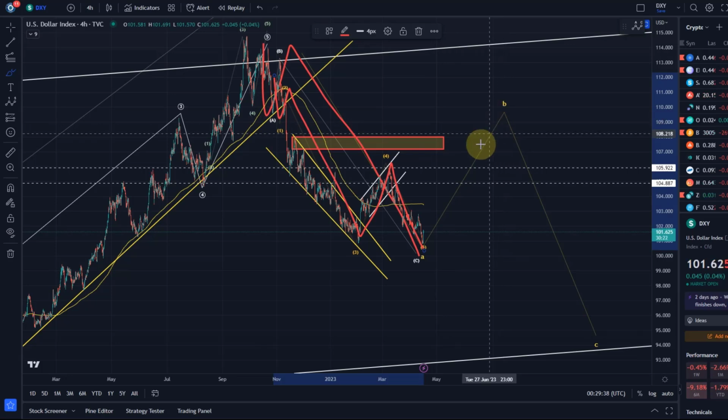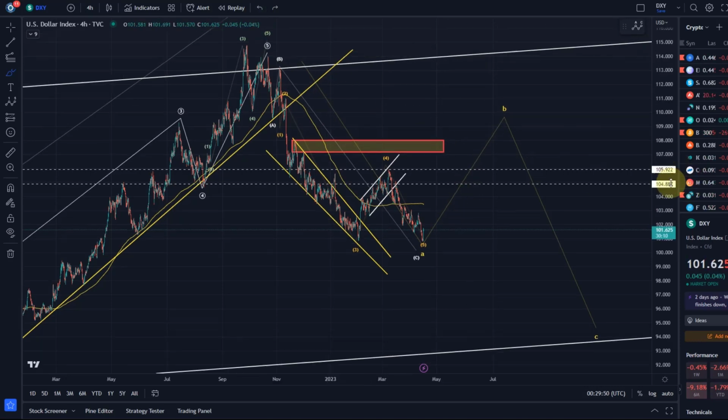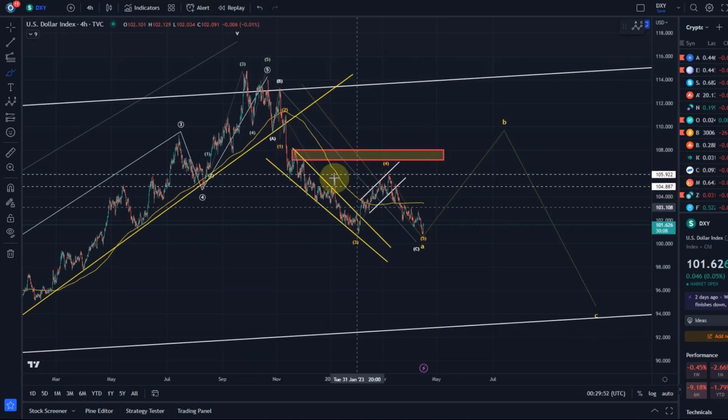This scenario will get much more likely above $105. If we see a reaction now, it could very well be this. B waves are very difficult to trade though. And eventually I would still expect lower lows in a C wave of the DXY, so short-term bearish.